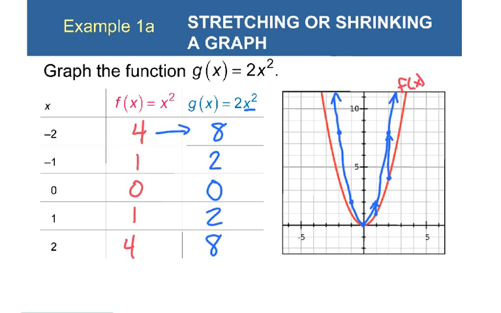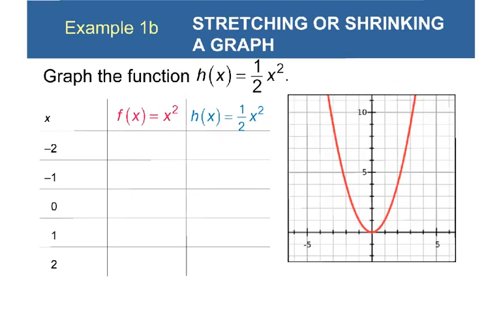All right, so let's look at another one. Now we're going to graph the function h of x equals 1/2 x squared and compare it back to the basic function we know as x squared. Let's find some of the x squared y values and then the h of x function values. So here we're going to get, again, 4, 1, 0, 1, and 4.